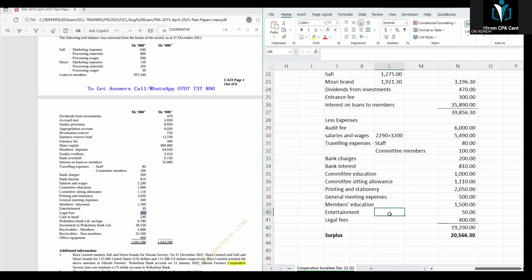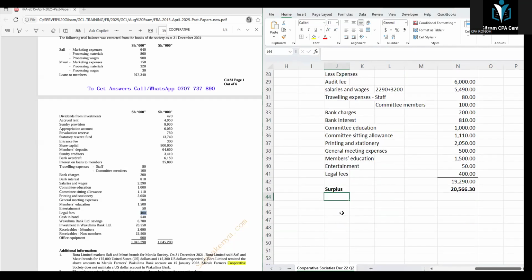Credit is a liability or capital only. So this is not an expense. You have withdrawn more than what you have in your bank. It is a liability because you have to pay back to the bank. So that is not an expense.